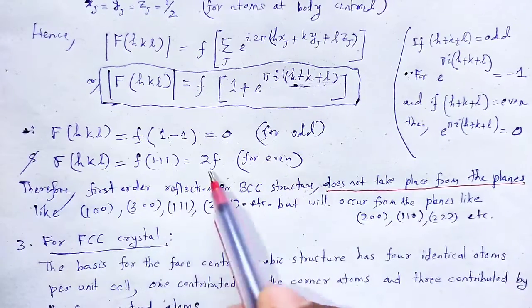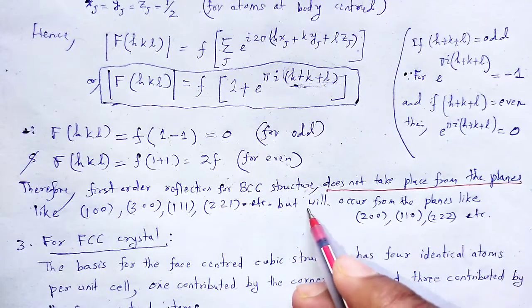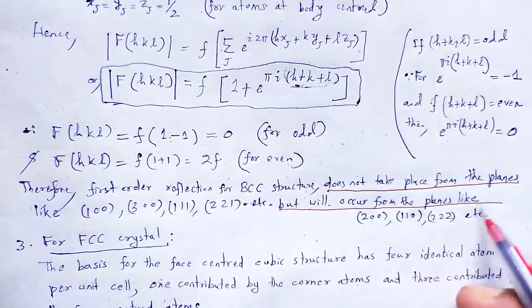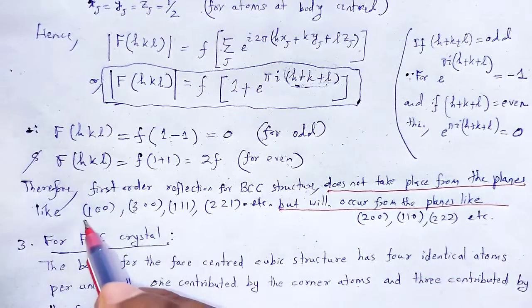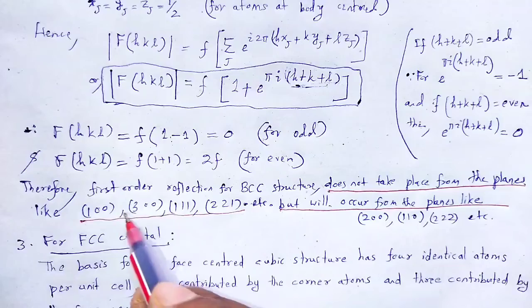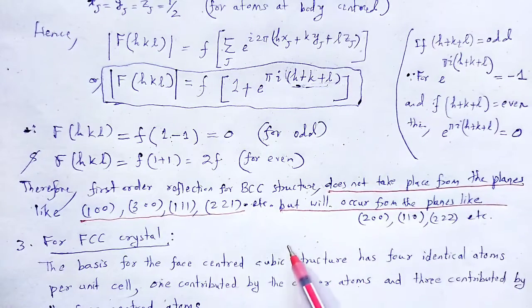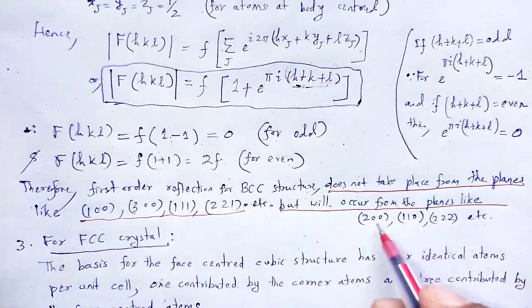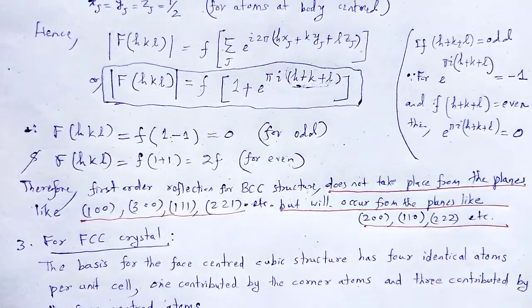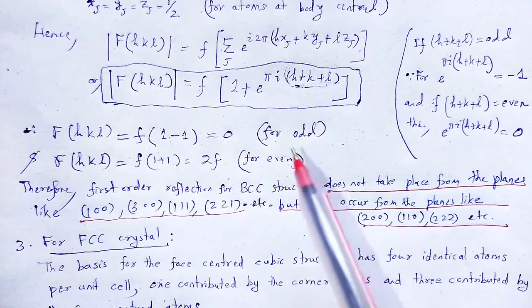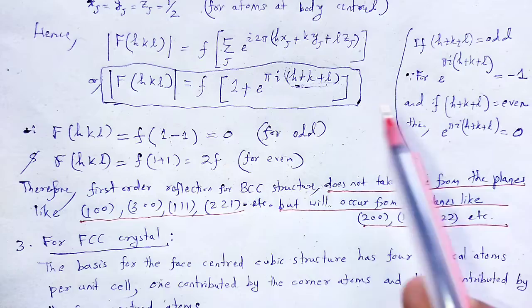For even it will exist, it will occur from the planes like these three. For these planes it does not exist, for those planes it exists. That we conclude from that particular mathematical expression.